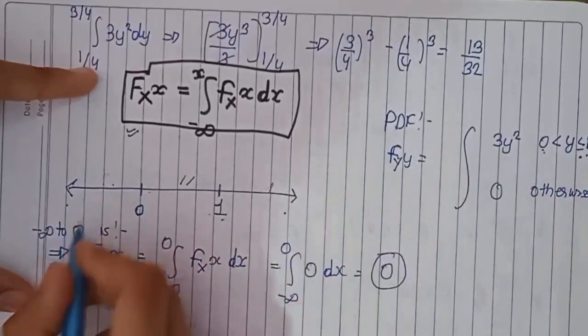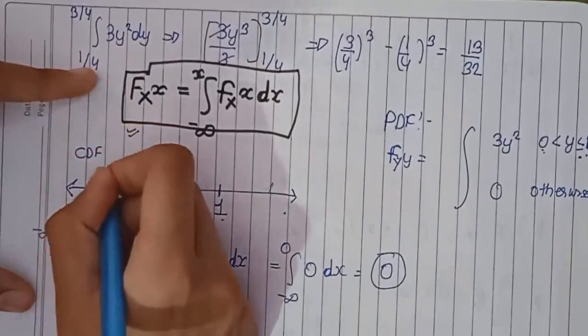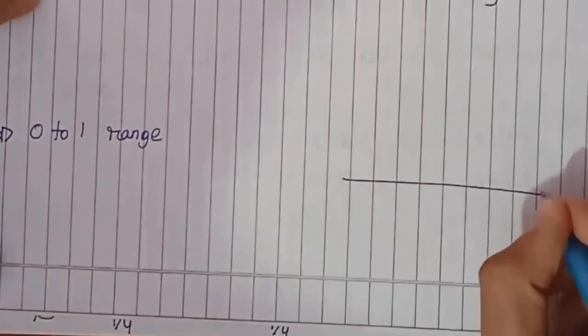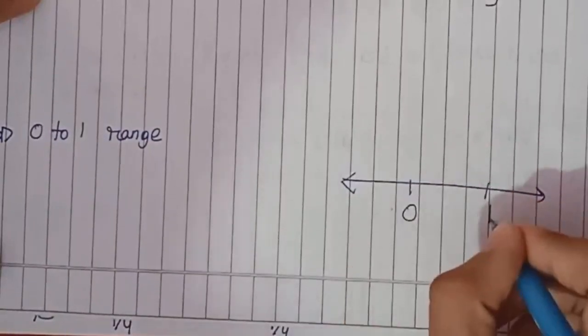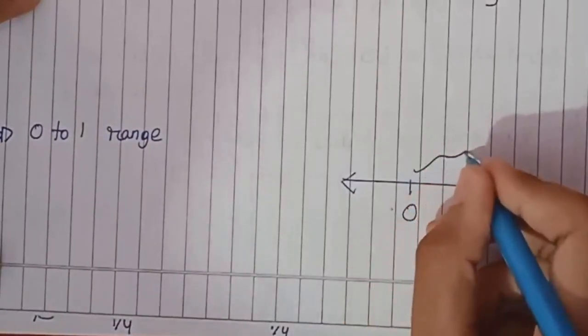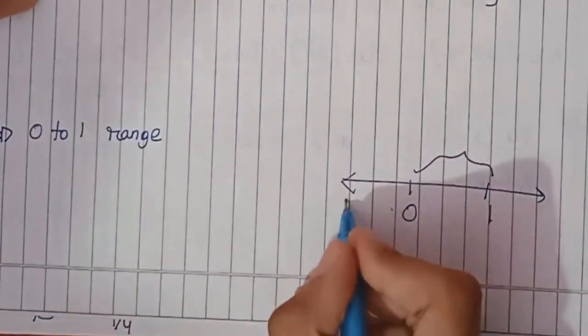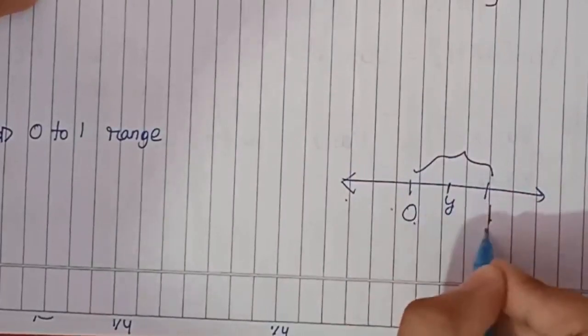So the CDF value in this range is 0. Now we will see the 0 to 1 range. As we know, our number line is divided into 3 regions by 0 and 1, and now we will see the CDF value in this range. So I need to integrate from minus infinity to y, where y lies in the range 0 to 1.